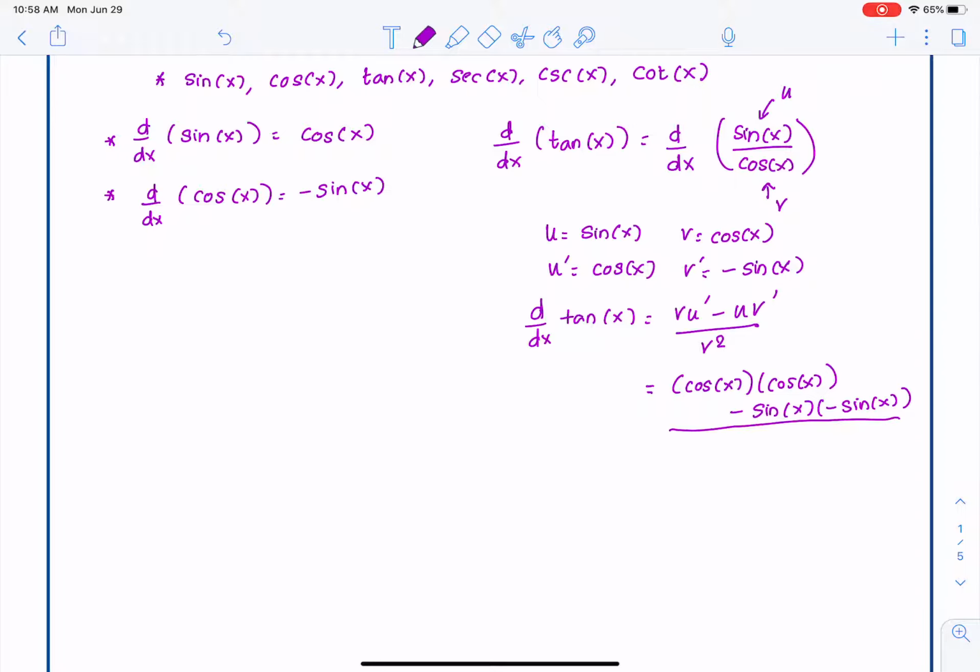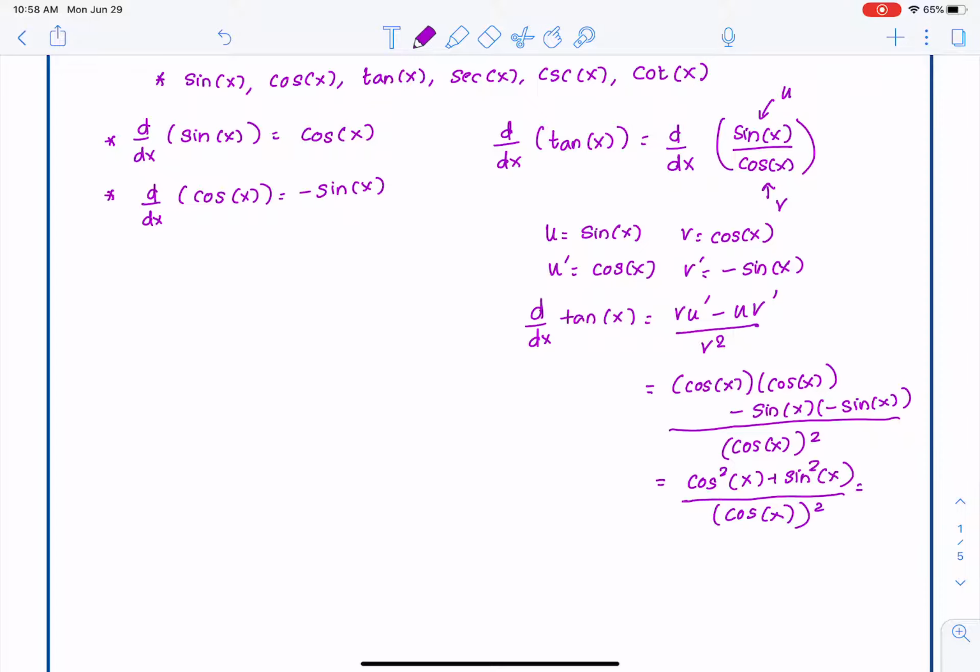Divided by v squared, we would have cosine x squared. The numerator would then become cosine squared x plus sine squared x, divided by cosine x squared.